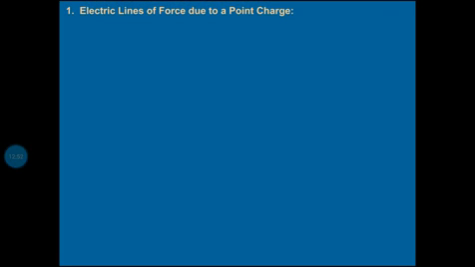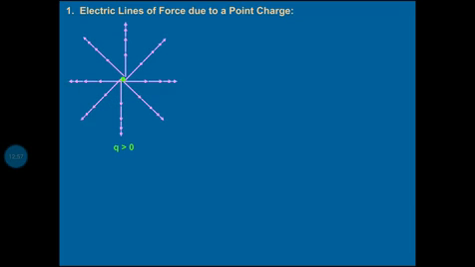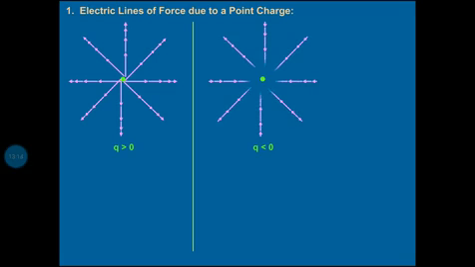So here you can see if a positive charge is placed in some space, then this could be the diagram of electric lines of force. And if a negatively charged particle is placed in space, then this could be the line of force.